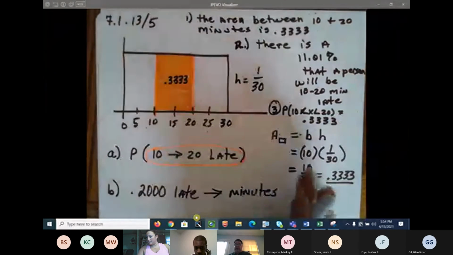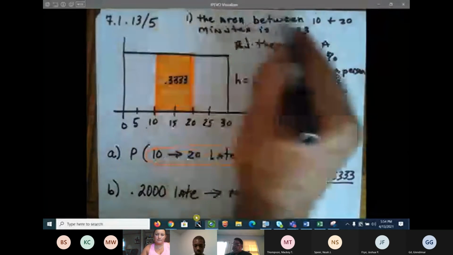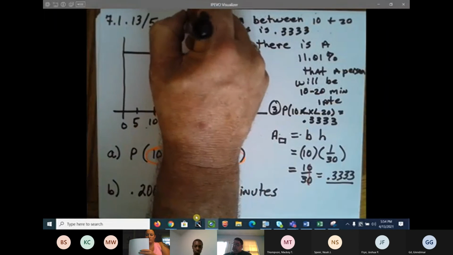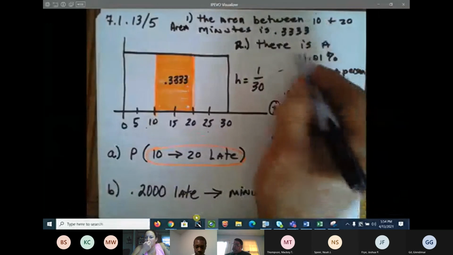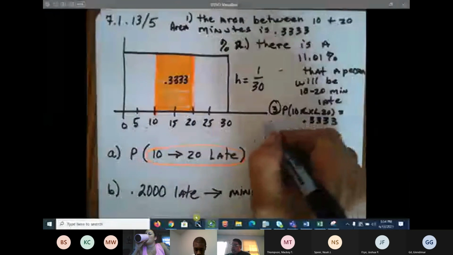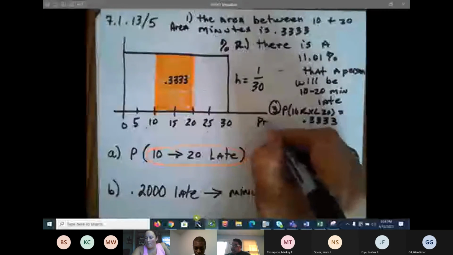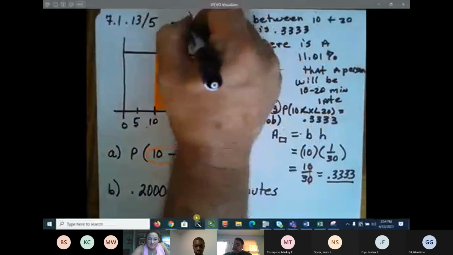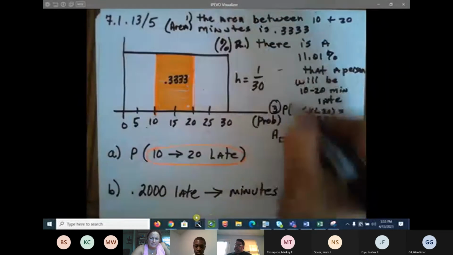Now, I want everybody to understand this right here is area. This right here is a percent. And this right here is a probability. Remember me telling you that these are all the same thing.